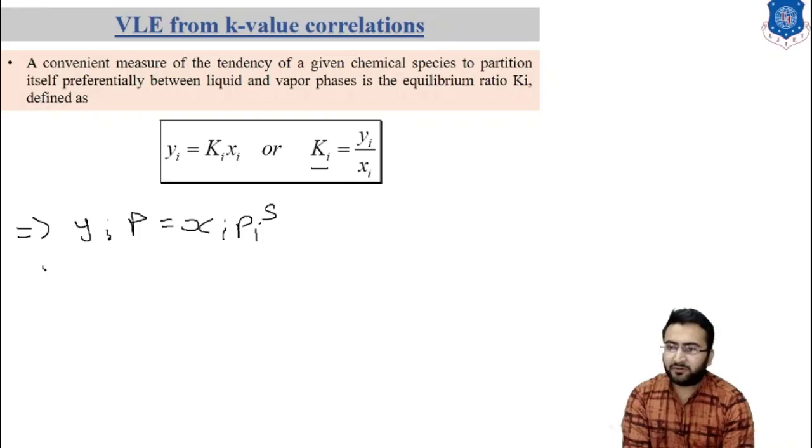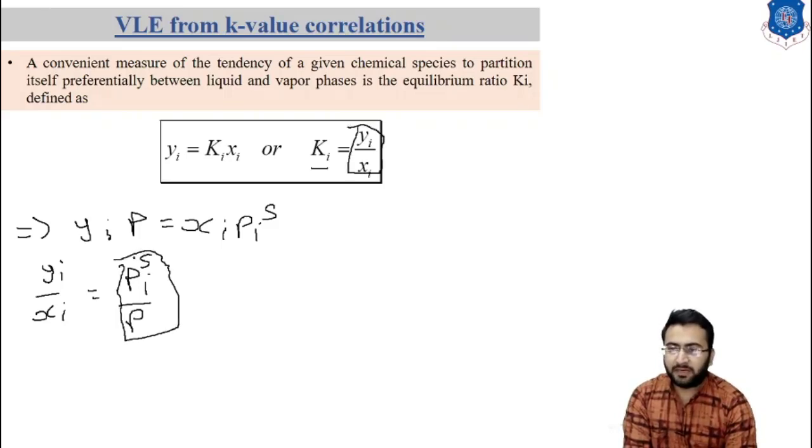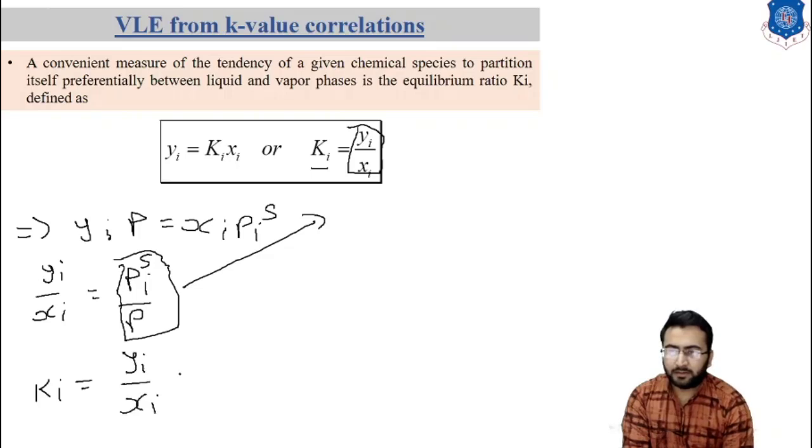Now let's make Yi and Xi the subject. So we get Yi upon Xi is equal to Pi saturated upon total P. Now replacing this value of Yi upon Xi, we get Ki is equal to Yi upon Xi is equal to Pi saturated upon P.